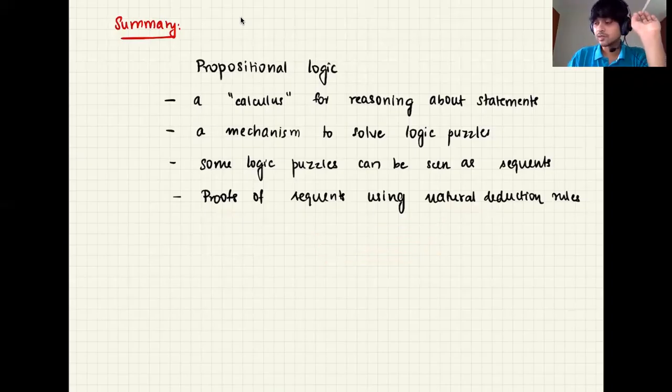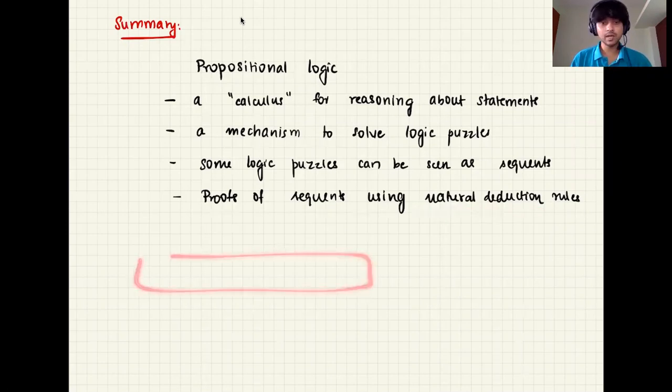It can also be shown that every valid sequent can be proved using rules of natural deduction, but I'm not going to do that here. For this course, as long as you're given a sequent and you're able to apply these rules and write a proof of that sequent, that is enough. So this was an exercise in methodically writing proofs using pattern matching. That's it from my side for logic.